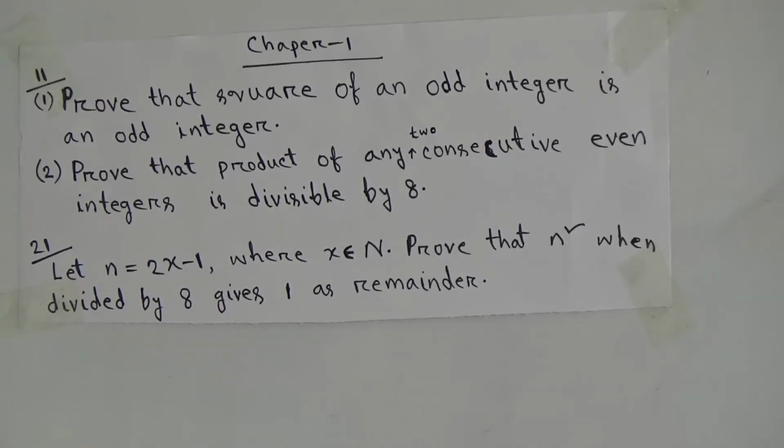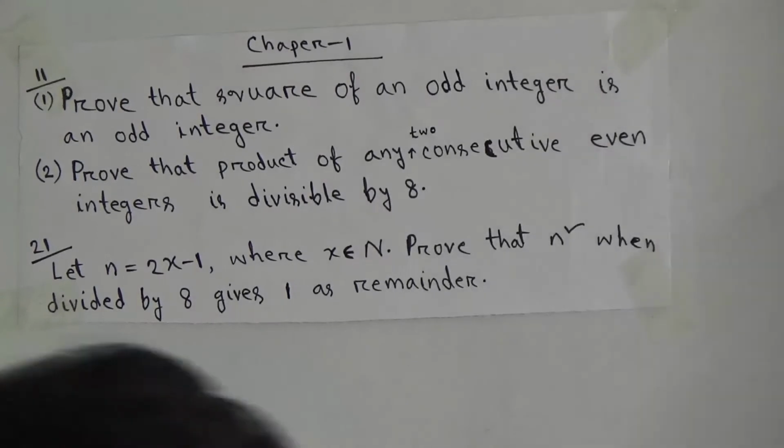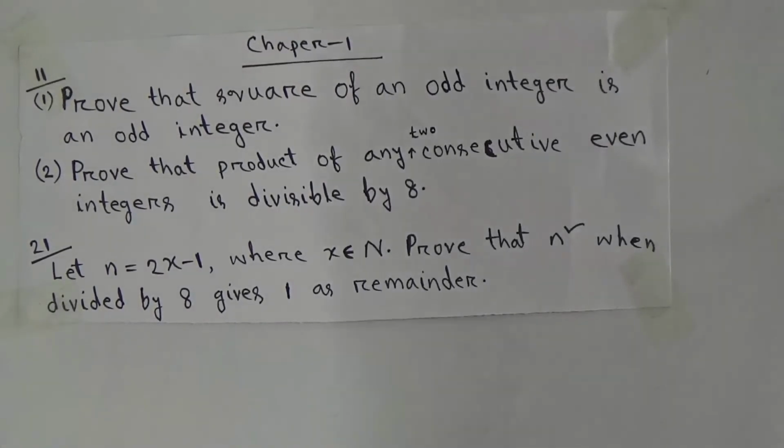That means if one even number is 2, then the next consecutive even number will be 4. If one even number is 10, then the next consecutive even number is 12. That means if we add 2 to one even number, then we will get its next consecutive even number. At first we will consider two even numbers.